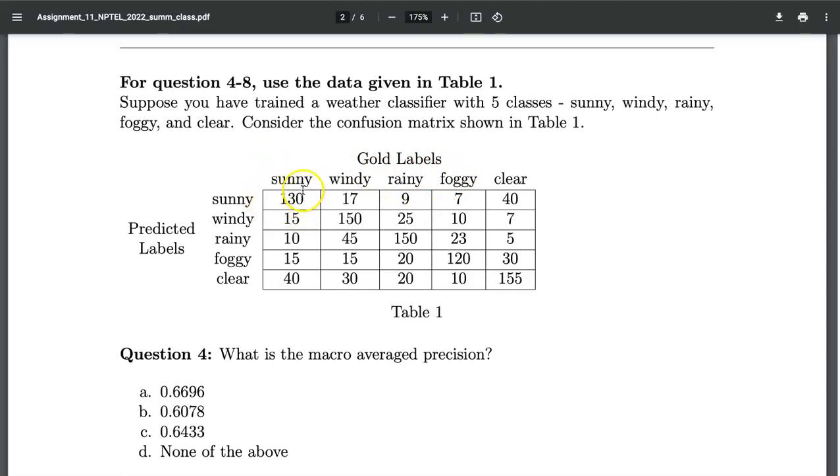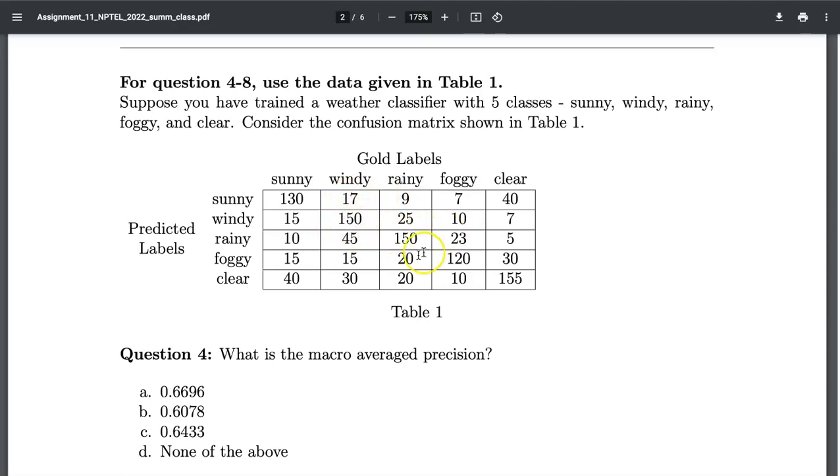The first cell, 130, means there are 130 times when the actual label is sunny and the prediction is also sunny. Similarly, the second cell means there are 17 times when the gold label is windy, but your model predicted sunny, and so on.